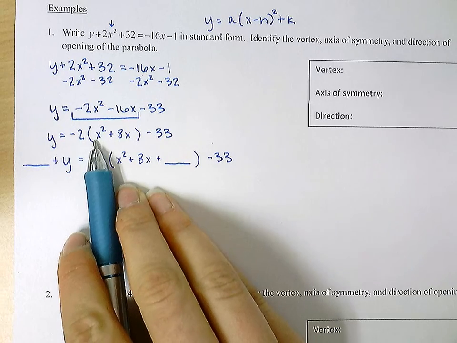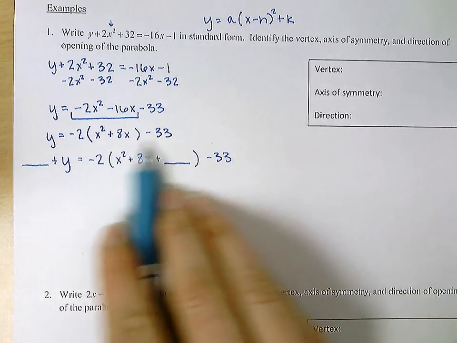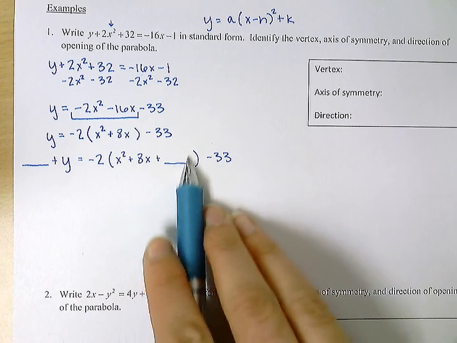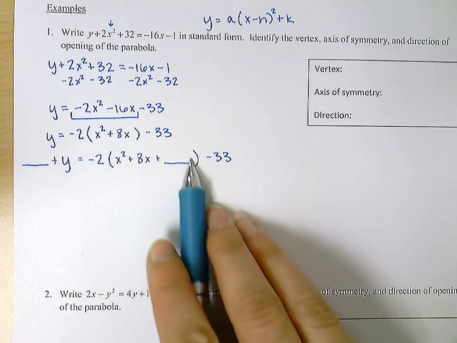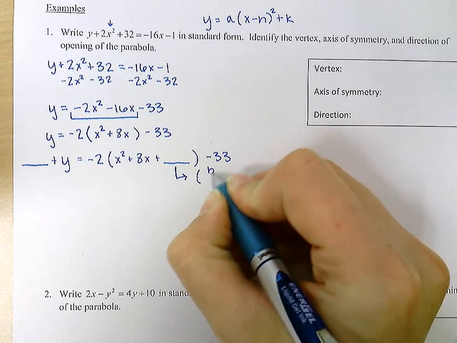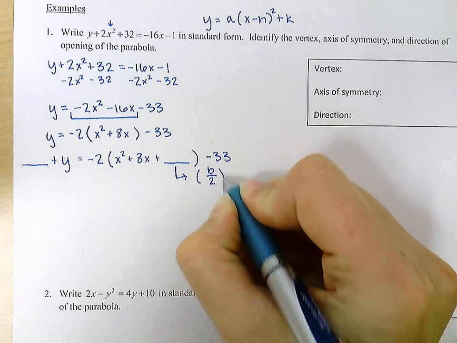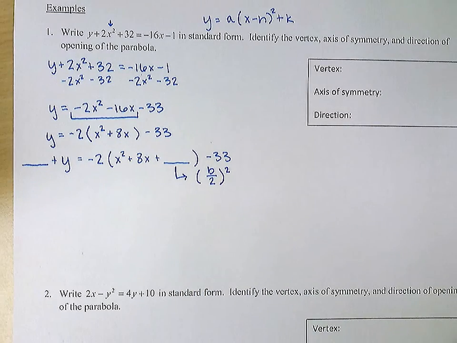So now your a value in front of x squared is 1, and now we want to complete this square. To find out what I'm adding on here, we need to take our b value from inside of our parentheses, divide it by 2, and square it.